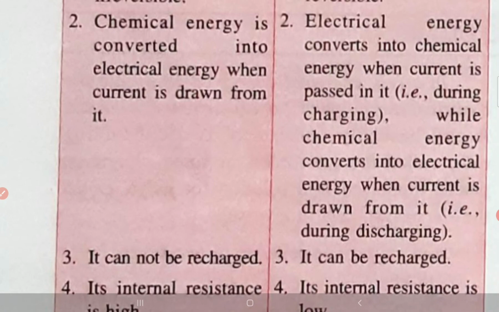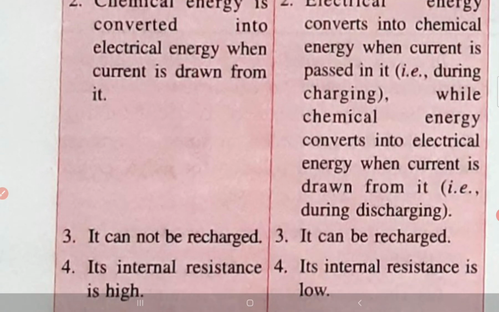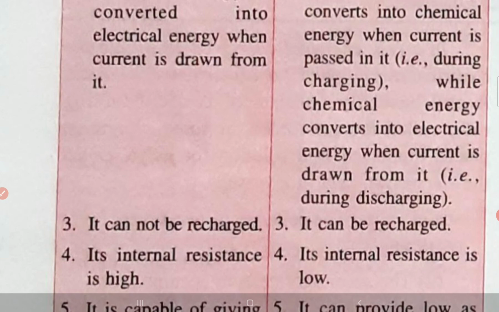Number 3, it cannot be recharged, it can be recharged. Number 4, its internal resistance is high. Now what is internal resistance? Again we have to discuss this particular term in detail. For the time being, just try to understand this as obstructions to the flow of charges, obstructions for current.